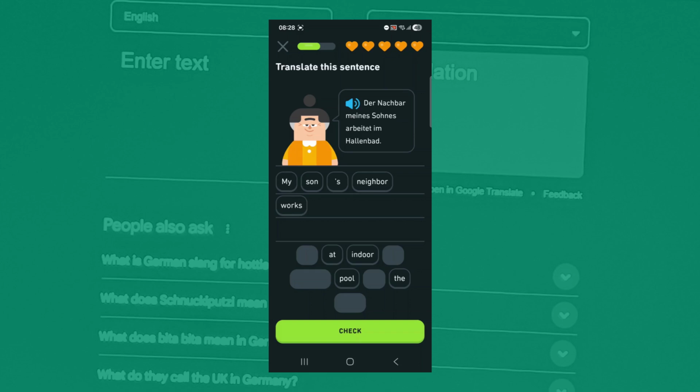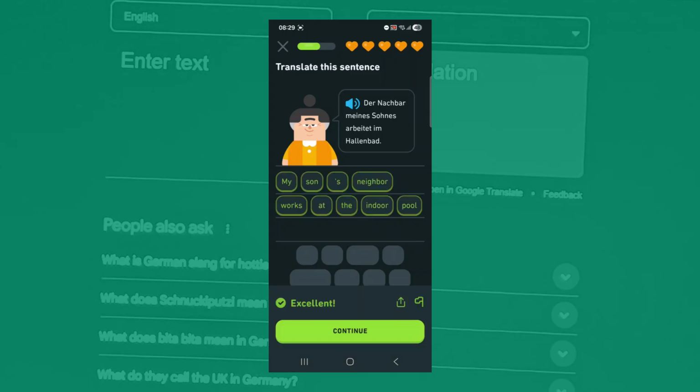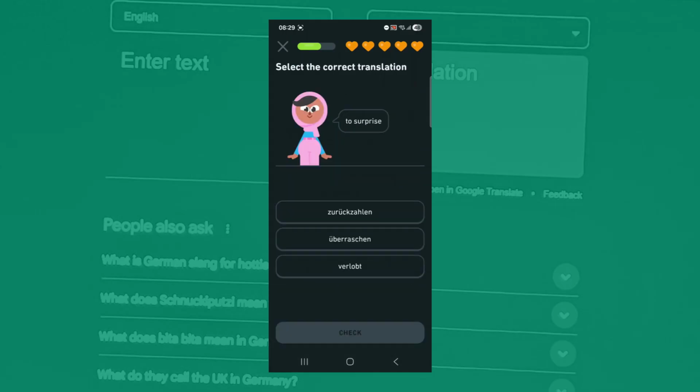Let us just check that. As I said, vocabulary that you haven't yet learnt. To surprise, I think that's überraschen.